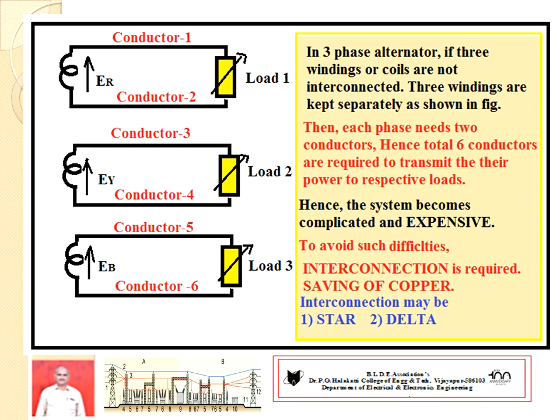This complicates the wiring, and the requirement of wiring material, that is copper, increases. Hence the cost of the system also increases. To avoid the complexity of wiring and to save copper, we use an interconnection between the three windings.